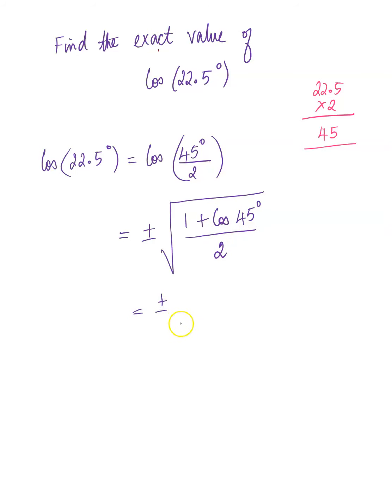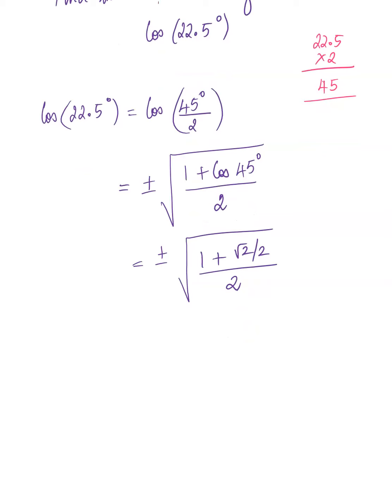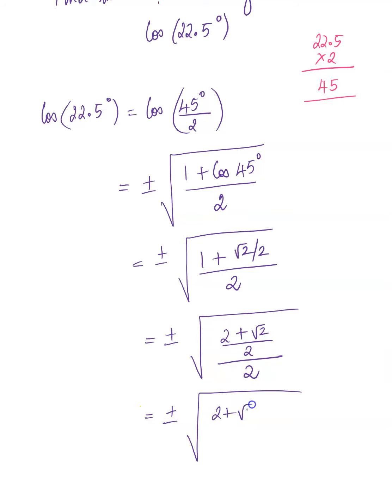Plus or minus. We do know 45 degrees is a special angle, so that's going to be root 2 over 2. So 1 plus root 2 over 2 is going to be 2 plus root 2 over 2, all over 2.